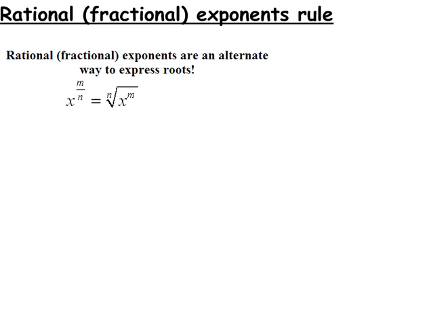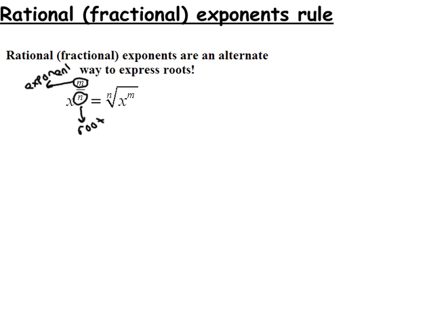So essentially, what it's saying is this. The denominator of the rational exponent becomes the root, and the numerator becomes the exponent of what's under the radical, or what we call the radicand.